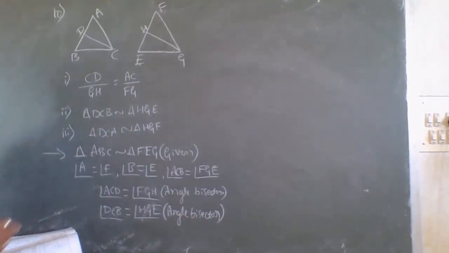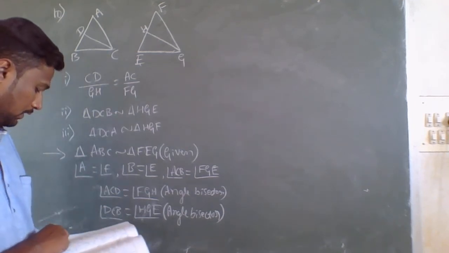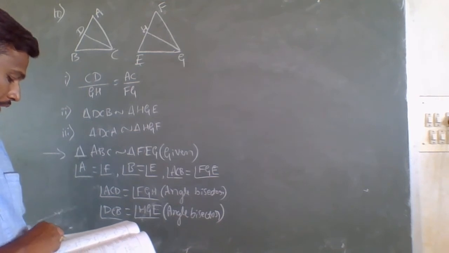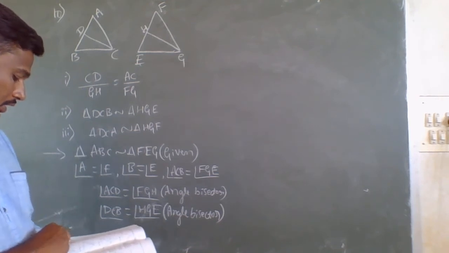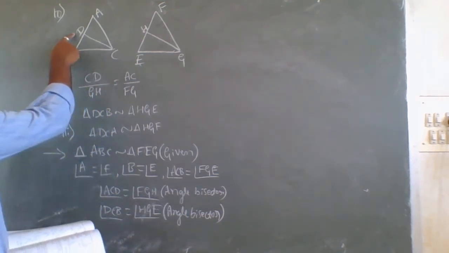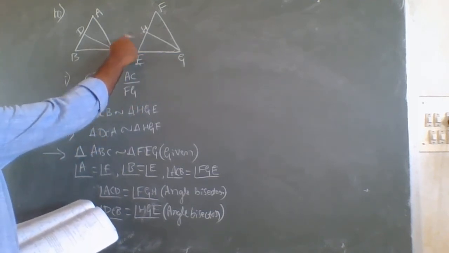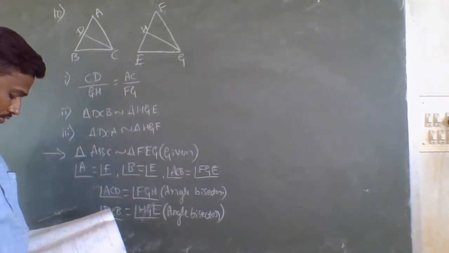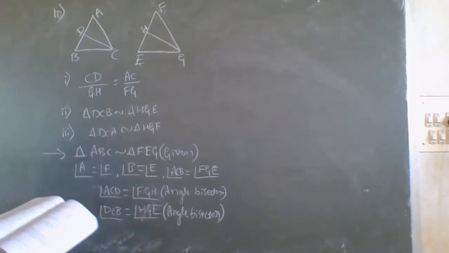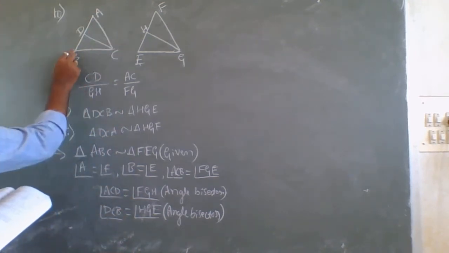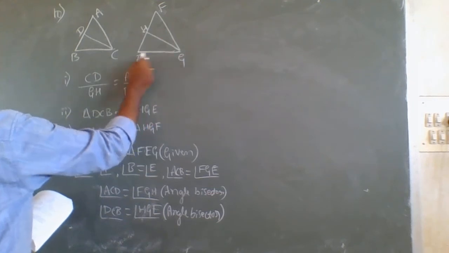This is the diagram given for the 10th problem. Here CD and GH are respectively the bisectors of angle ACB and angle FGH.